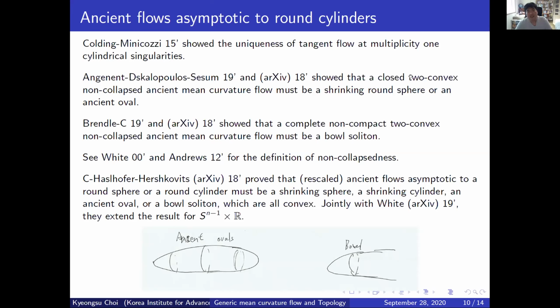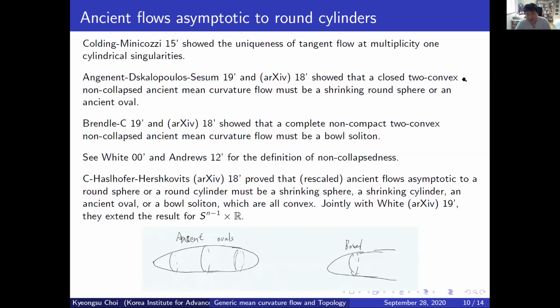Sorry, there are strictly two-convex and convex; their statement I forget. And then non-collapsed. Non-collapsed is also a nice condition, but let me skip the definition. You can see Brian White's or Andrews' paper for the definition of non-collapsedness.